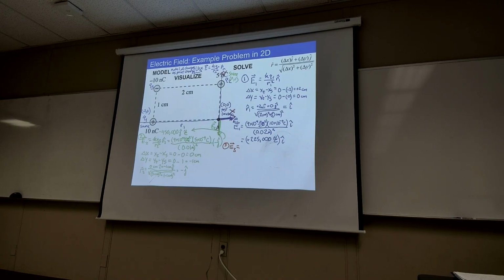It's a little different here. So what are the coordinates of Q3? Yeah, it's going to be negative, right? It's the same distance over, but then it comes off.